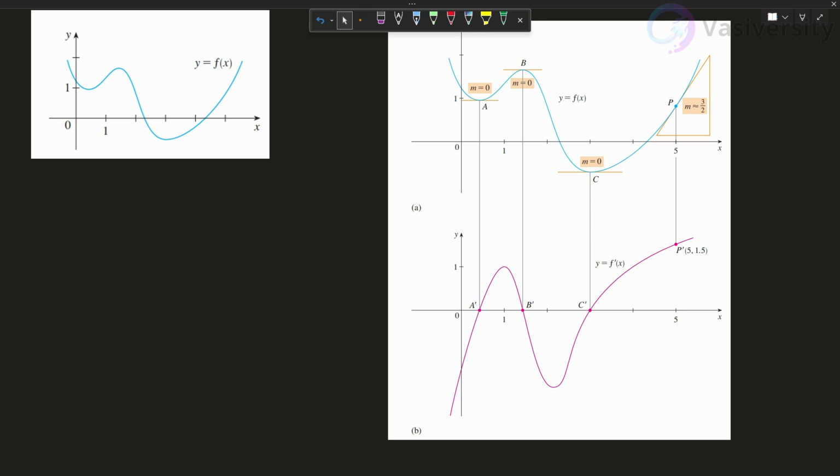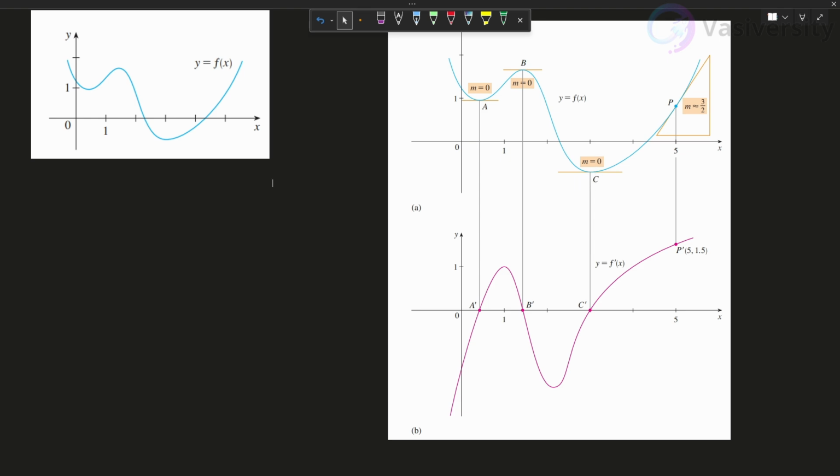We can actually find the maximums and the minimums. This point is the minimum point. So if we find the derivative, the slope of this function, and find one of its zeros, that will give us the minimum right here.